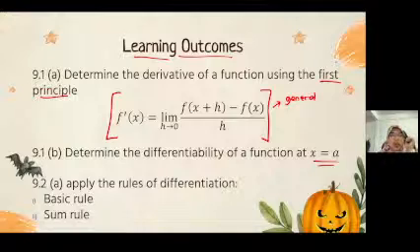Okay, and then we should learn how to apply the rules of differentiation. So for today, it's just the simple rules, which are the basic rules, which involve the constant rule as well as the power rule. And then we are going to learn about the sum rule, what will happen if we have an addition or subtraction between two functions. Okay, next.